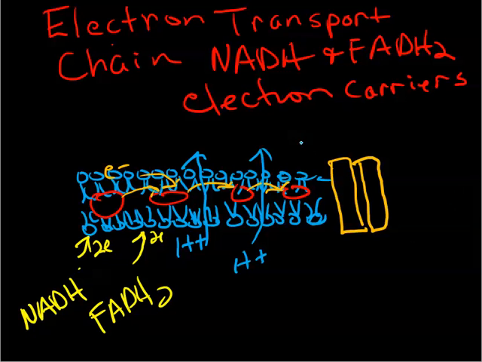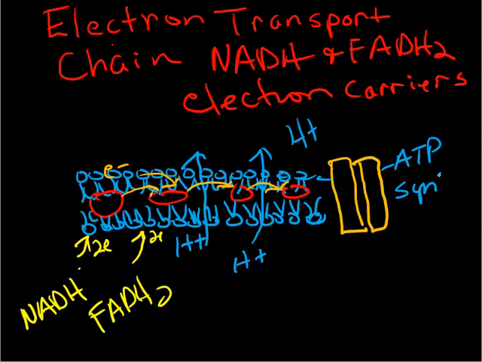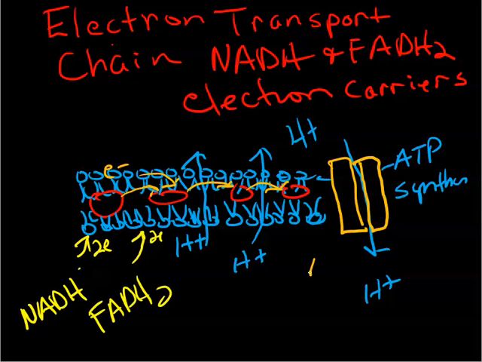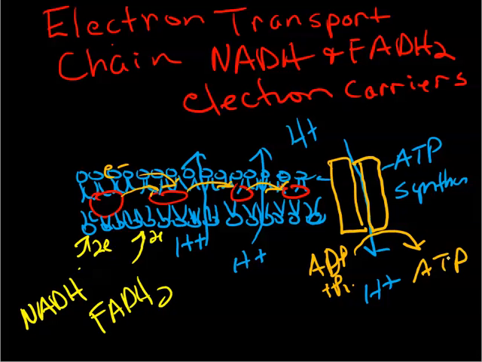Now, what are we going to use them for? They're going to go through the ATP synthase. And as protons go through there, ADP plus Pi are going to be converted into ATPs.